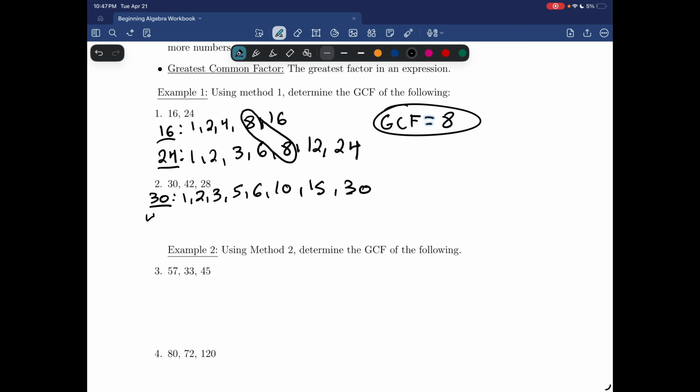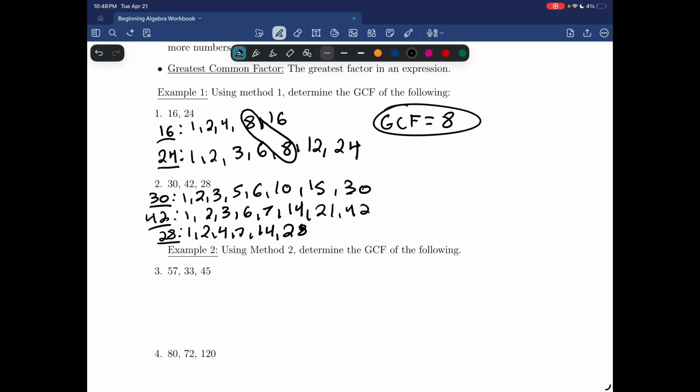For 42, our factors are 1, 2, 3, 6, 7, 14, 21, and 42. And then for 28, our factors are 1, 2, 4, 7, 14, and 28.